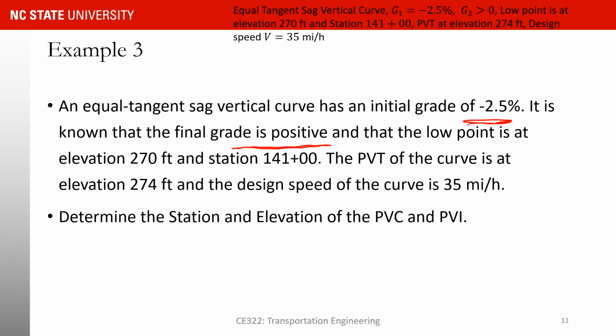We also know that the low point is at elevation 270 and station 141. The PVT, point of vertical tangency, is at elevation 274 and the design speed of the curve is 35 miles per hour. Determine the station and elevation of PVC and PVI.